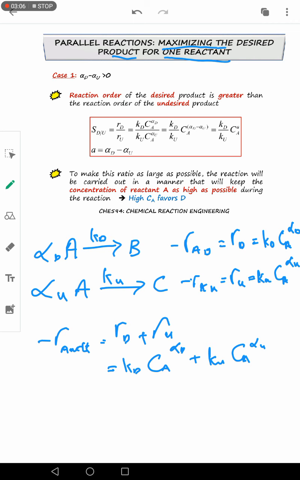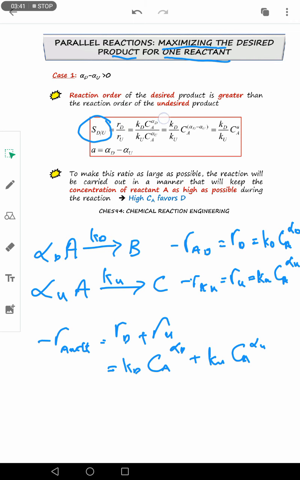But the specific topic in this video is to maximize the desired product based on selectivity. In the previous lecture, the instantaneous selectivity was defined as the rate of reaction of the desired product divided by the rate of reaction of the undesired product.